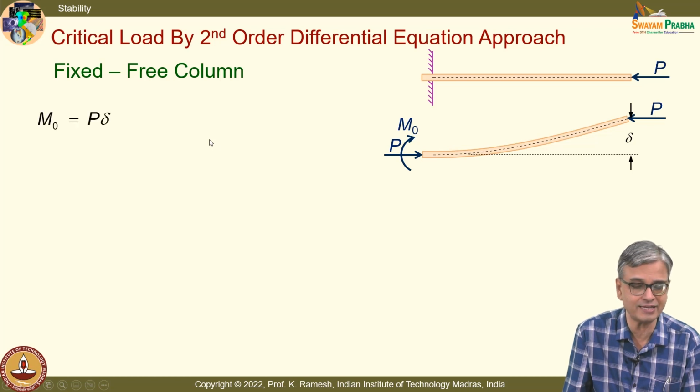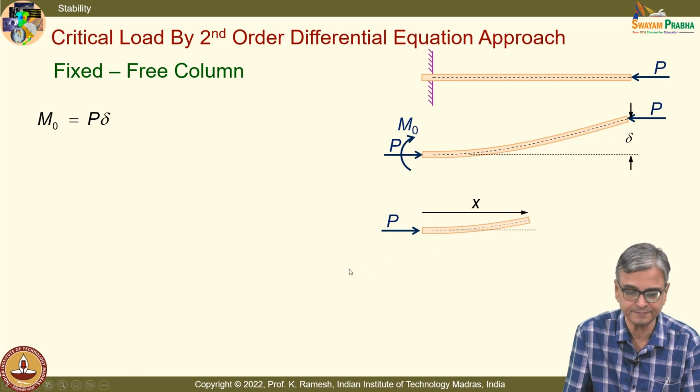So, you have to write the equation when you have this deflected shape; because of the deflection, this compressive load causes a bending moment P delta. If you take an arbitrary section at a distance x, which is measured from the fixed end, you have this as V and this as bending moment M, and M naught is P delta, obtained from this.